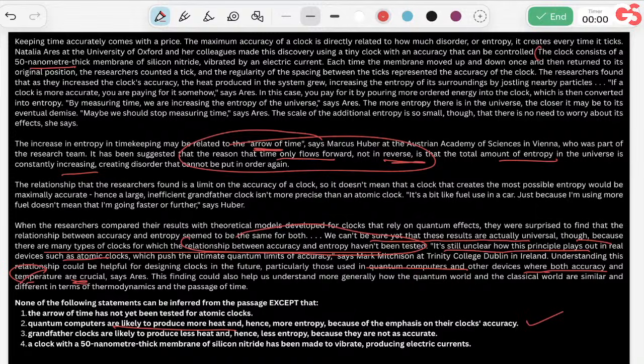Is that clear? Arrow of time is the keyword through which we can eliminate option A. Probably you guys did not think much about arrow of time. You just thought about atomic clocks. So that was a trap option in which you fell.